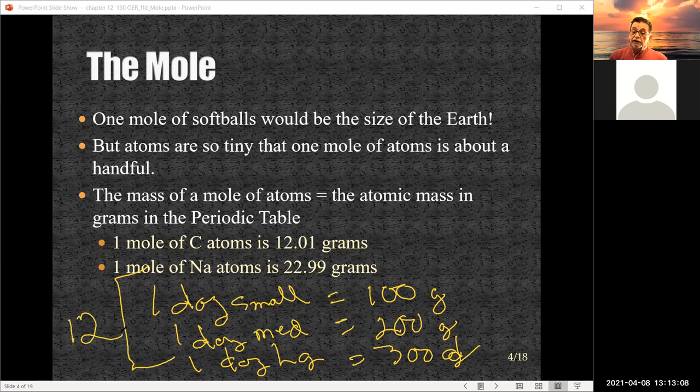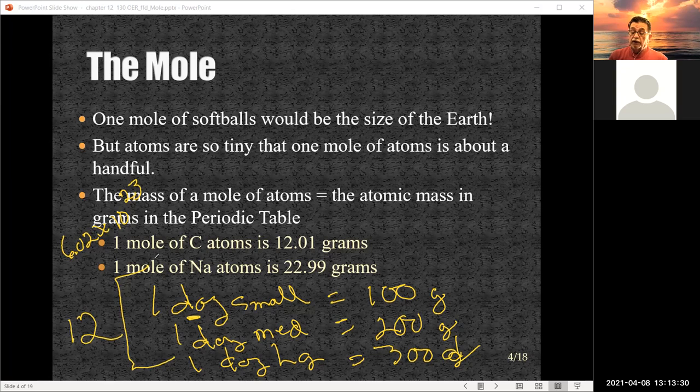What is it that they all have in common? 12, right? Because dozen. And so down here, 1 mole of carbon, what they have in common is 6.02 times 10 to the 23rd atoms of carbon. Okay. 1 mole of sodium, 6.02 times 10 to the 23rd atoms of sodium.